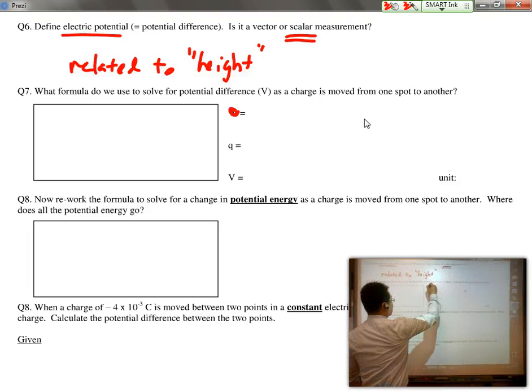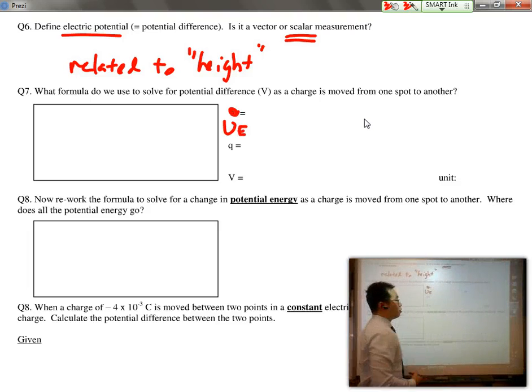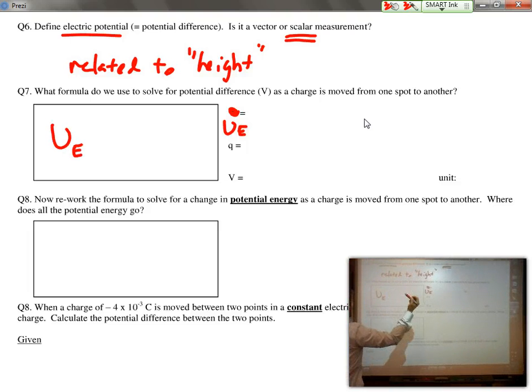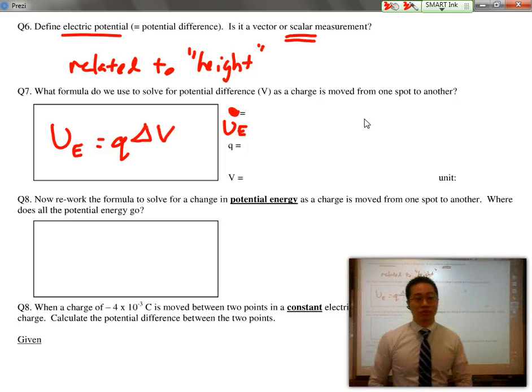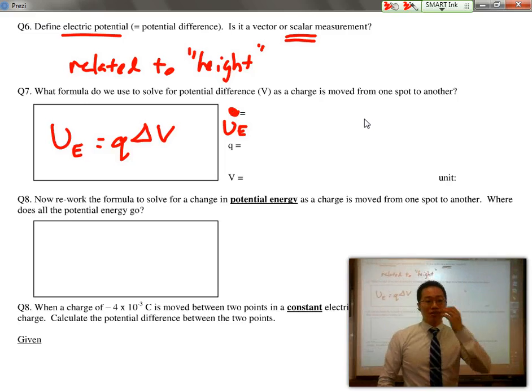And the formula that we wrote down before was that UE is simply equal to Q delta V. Okay, so that solves for the potential difference based on how much energy it takes to move a charge from one spot to another.